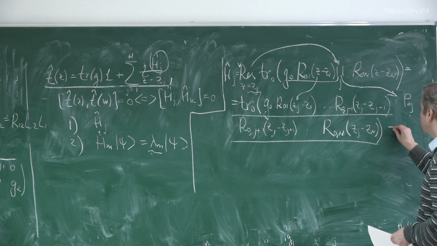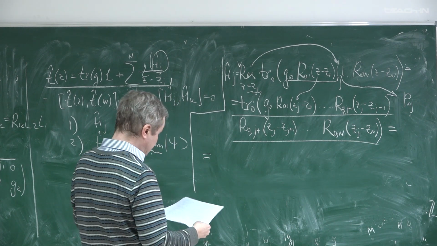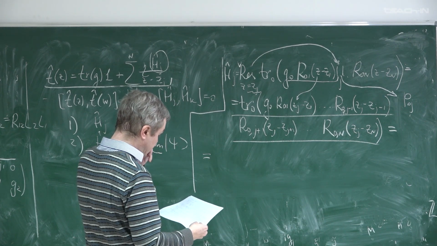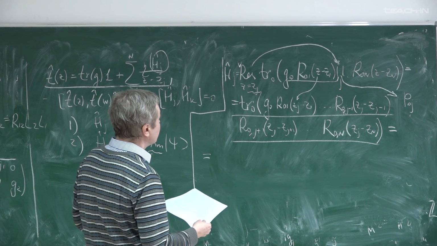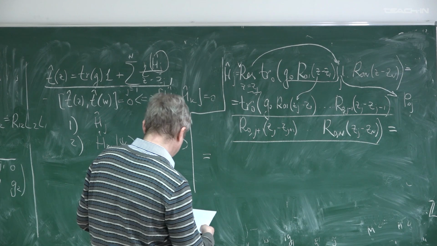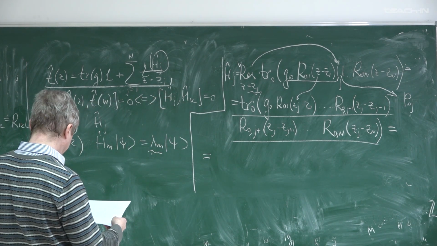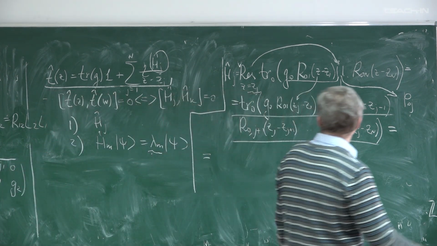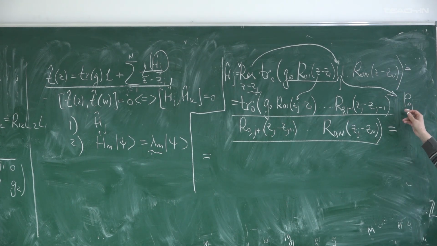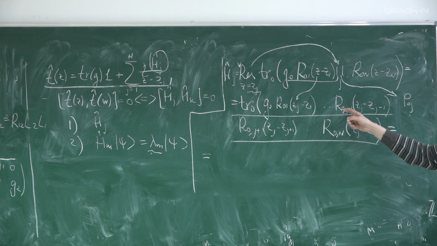In order to do it, we should use some properties which we previously discussed, in fact: properties of the permutation operator. Maybe I should recall it. When you move the permutation operator, for example to the left, it changes this component.